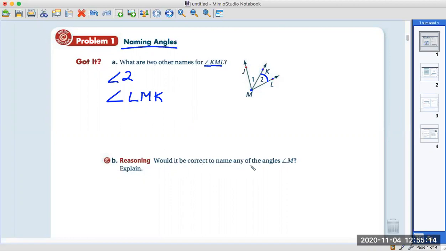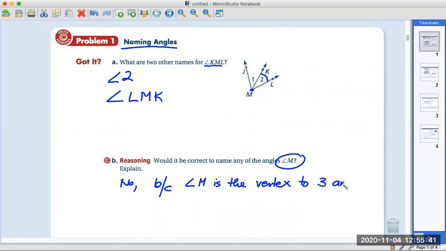Would it be correct to name any of the angles angle M? No, because angle M is the vertex to two angles, actually three if you look at it. The two smaller ones and the big angle also.